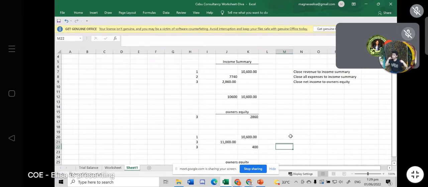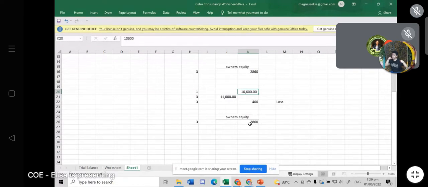So this is a loss, because the expenses are greater than the revenue. Considering this is credit, the debit will be 400 to owner's equity.